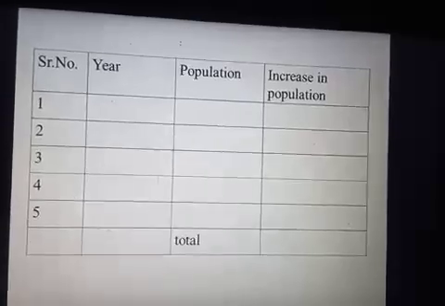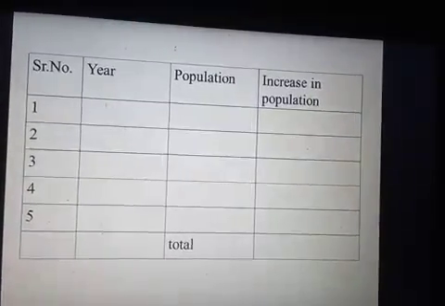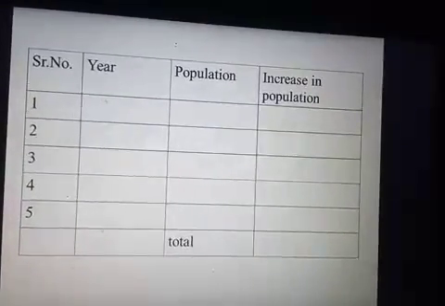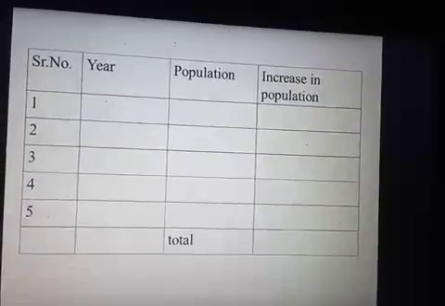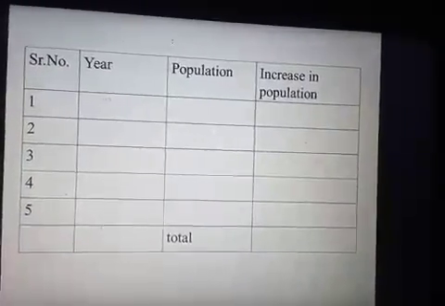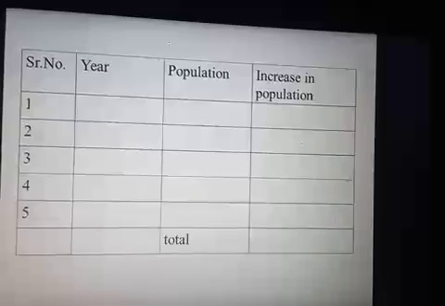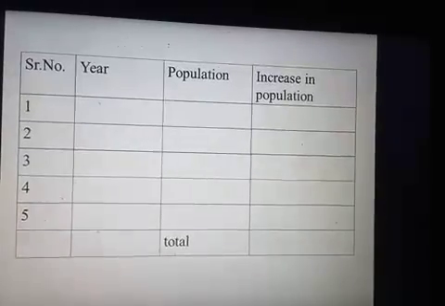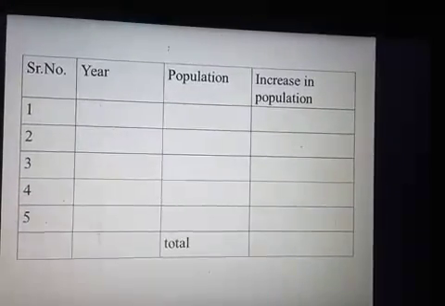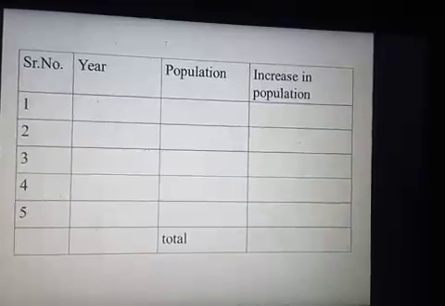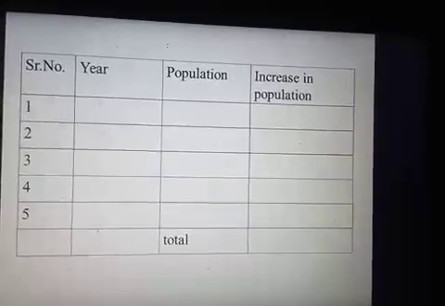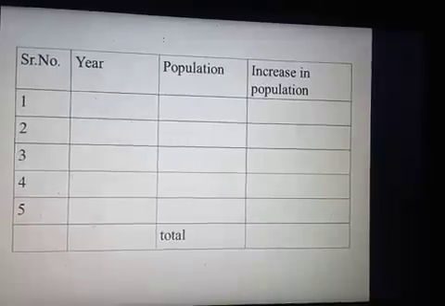In the table, serial number, year, population, and increase in population are given. This is the standard table for calculation of arithmetic population at the end of 2051 or any other year given in a numerical.